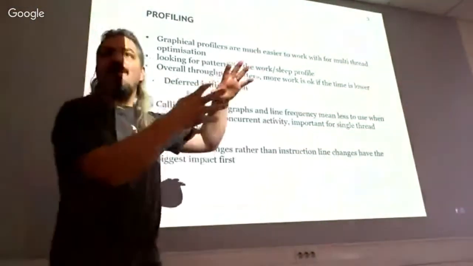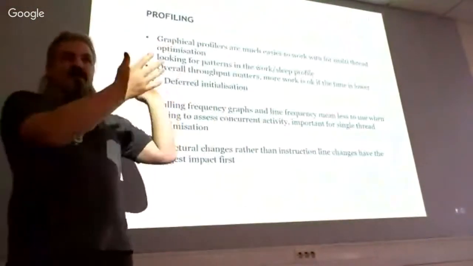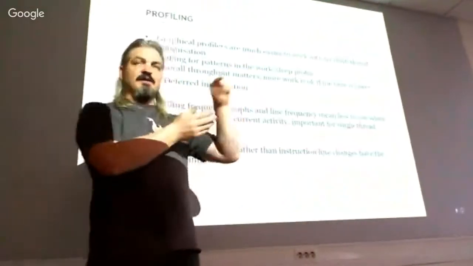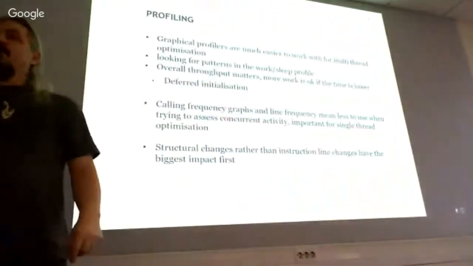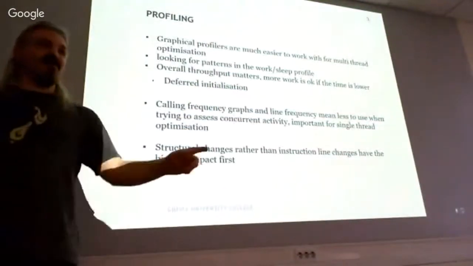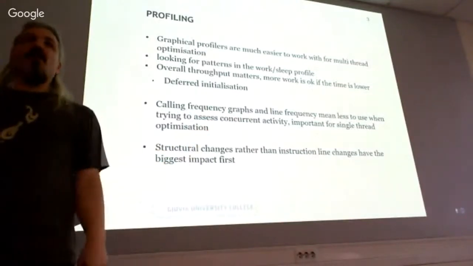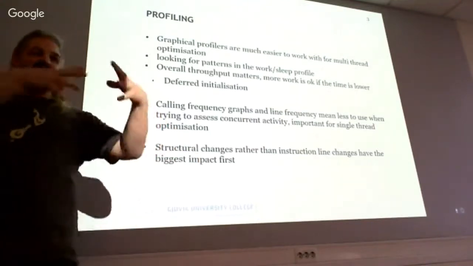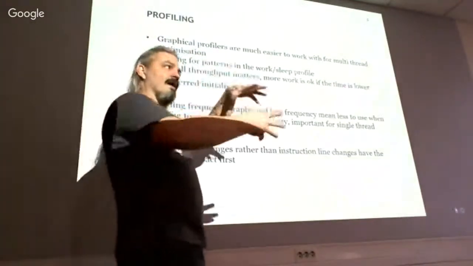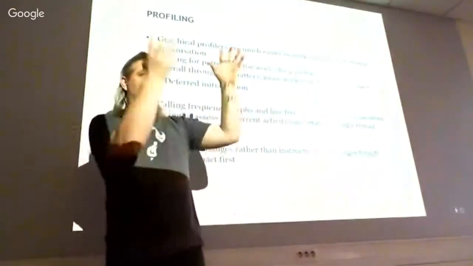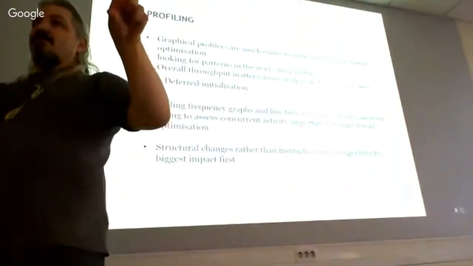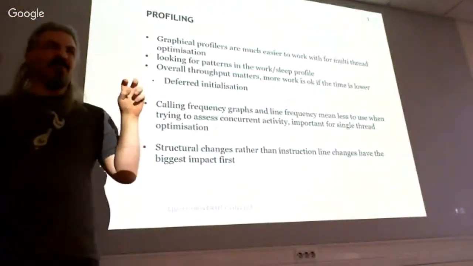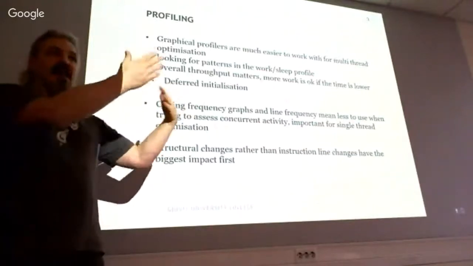Say a file reading function or an image processing function is taking all your time, then every time you ask the CPU what it's doing, it will say, oh, I'm processing an image. Oh, I'm processing an image. Oh, I'm handling keyboard input. Oh, now I'm doing image processing. So you build up a profile of what the CPU is doing, and that highlights a line in your code. And then you can say, where are the hot lines in my code? Where are the lines that spend most of their time? Whenever I ask, it's in that line of code.